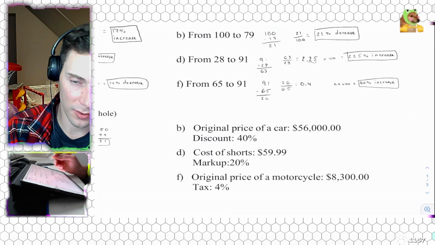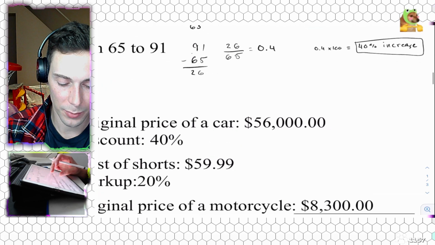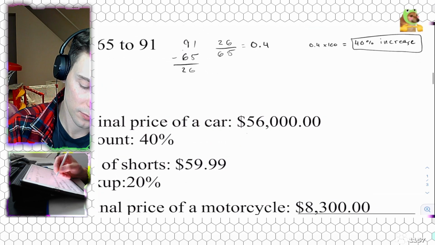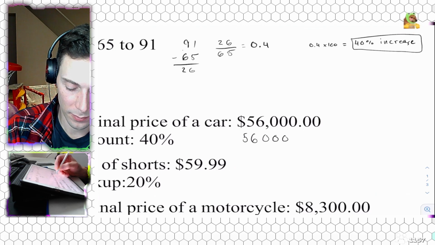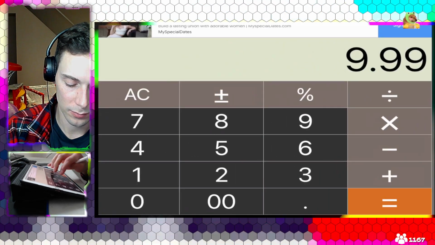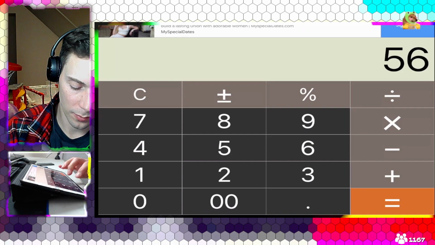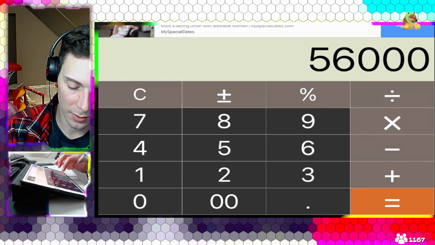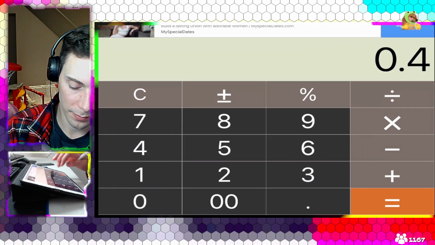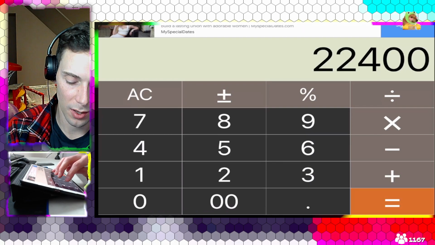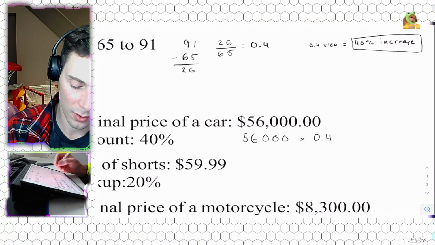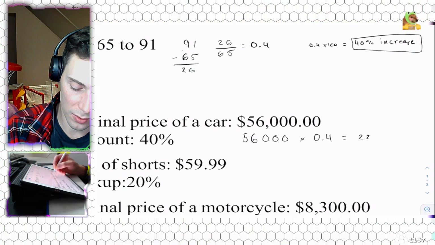56,000, 40%. So this one's pretty round numbers here. 56,000 times 0.4 is 22,400.